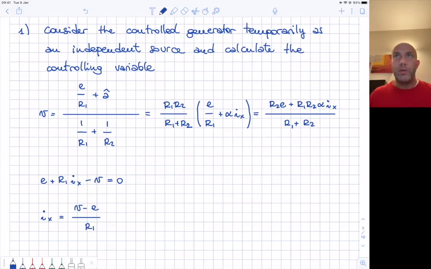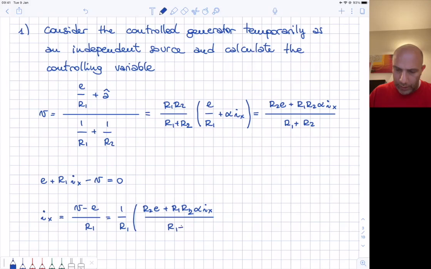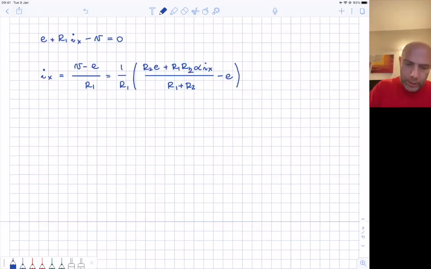Now we can substitute the value of V that we have found with Millman's formula to obtain that Ix equals 1 over R1 that multiplies R2 E plus R1 R2 alpha Ix divided by R1 plus R2, minus E. We can now apply the common denominator in the parentheses, so we have R1 plus R2.